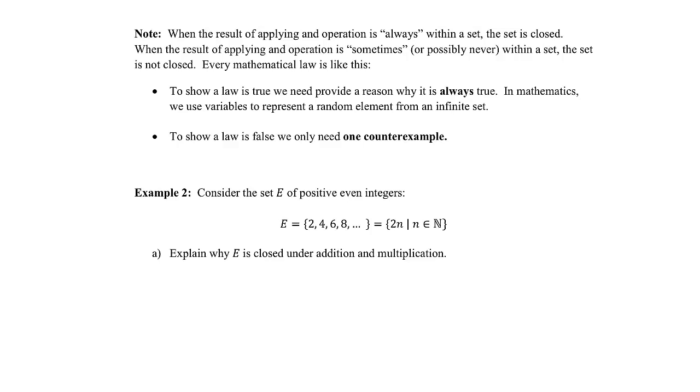To show that a law is not true, however, you just need to pull out one counterexample. If you can find one single counterexample, then you'll know that you can't always show it's true because you found that counterexample. Let's put this to test in an example below.